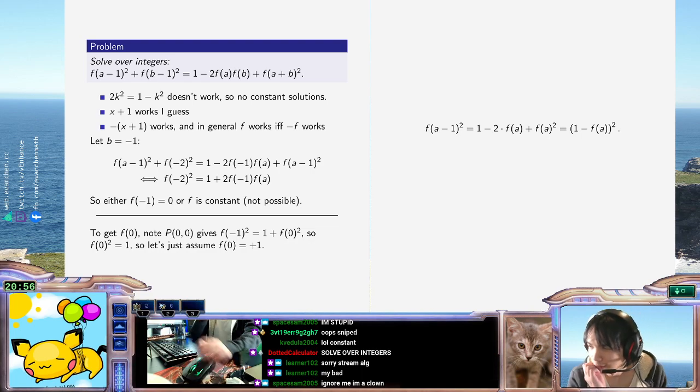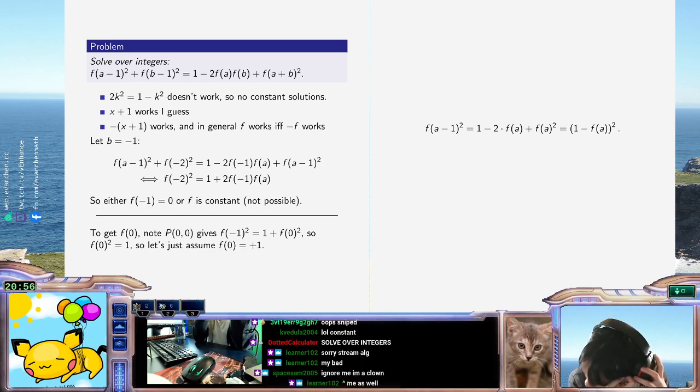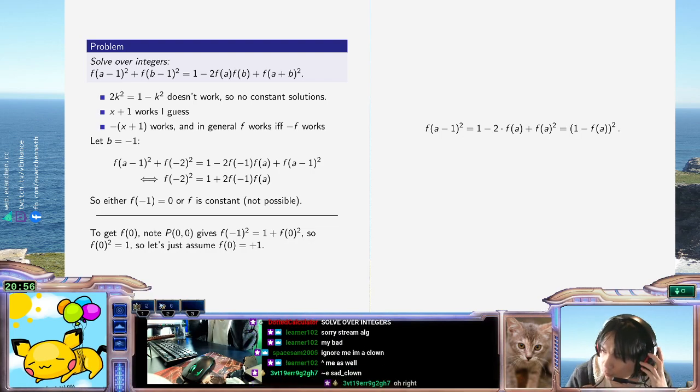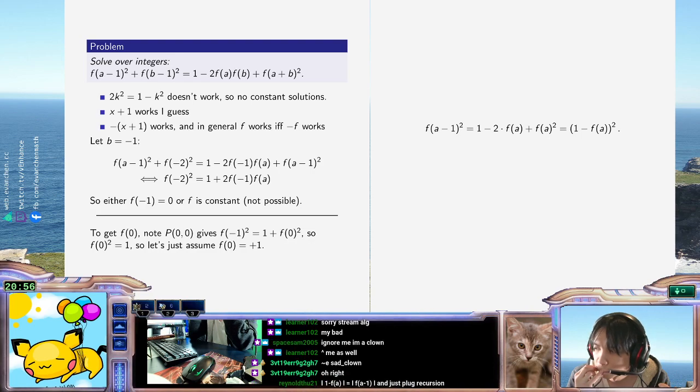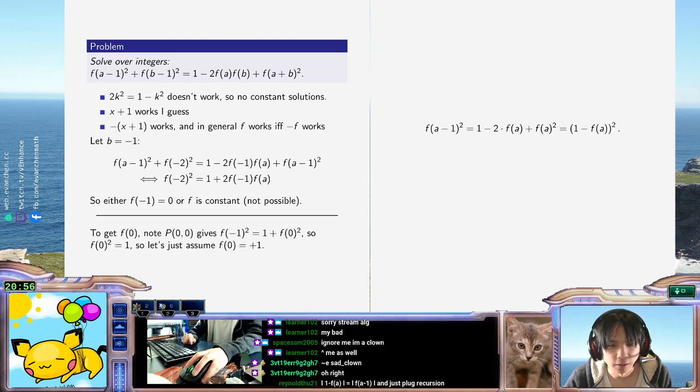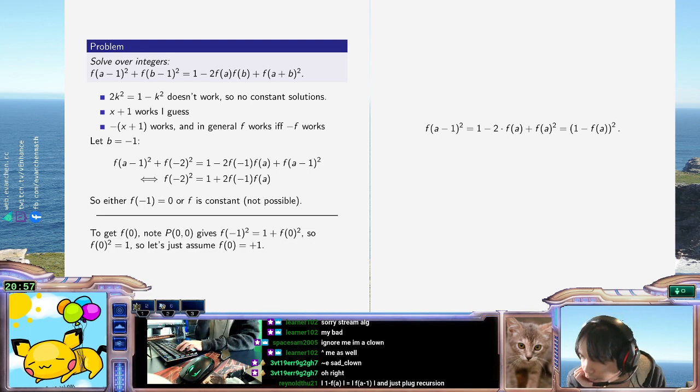Alright, anyways, back to this. Yeah, okay, here. For example, sorry, it's not the mod function. It's something like the absolute value of x plus 1. No, not absolute value of x plus 1. Maybe?